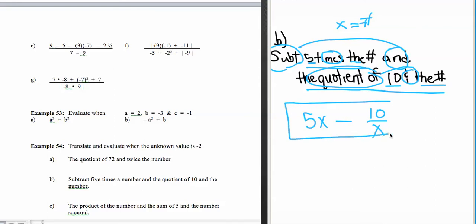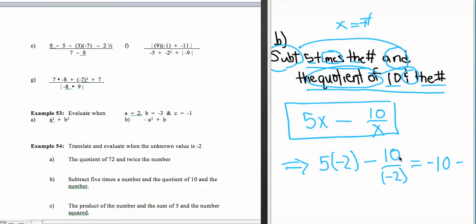So there's our translation problem, and then we want to evaluate that when x is equal to -2. So 5 times -2, and then minus 10 over -2, and then we'll simplify. So we have -10, and then subtract 10 divided by -2, which is -5, and so now we have -10 plus 5.